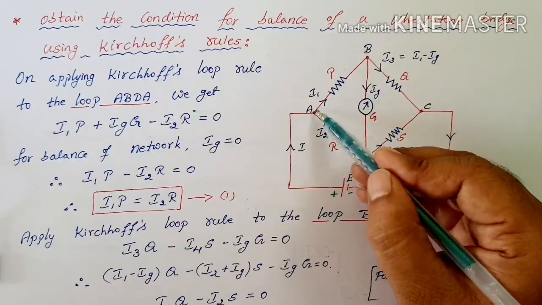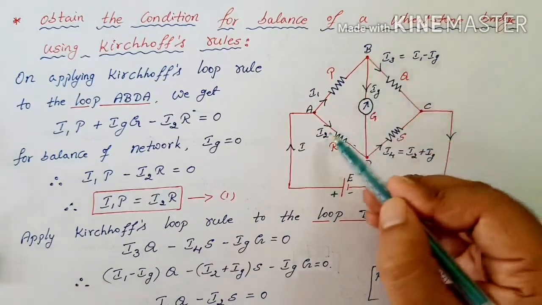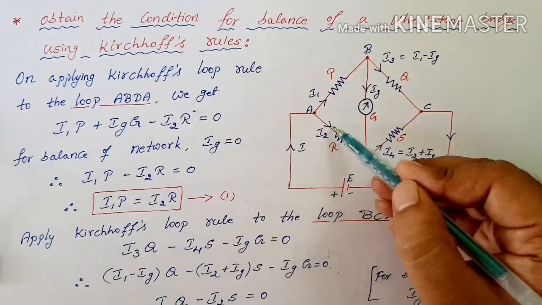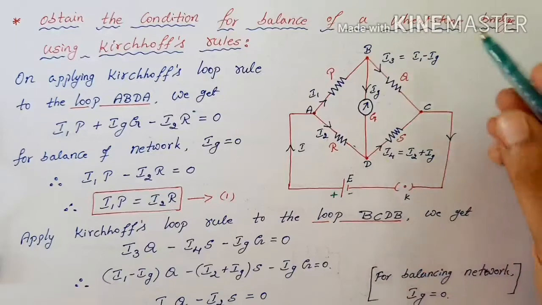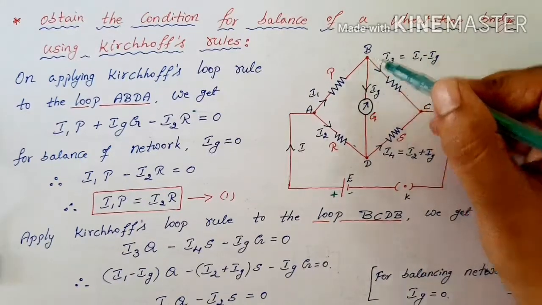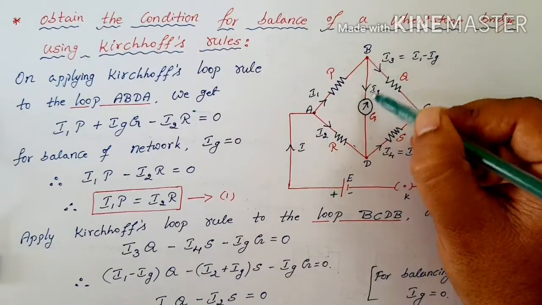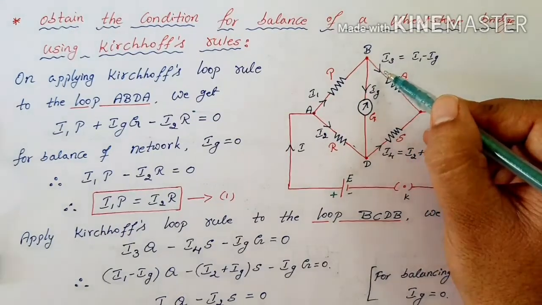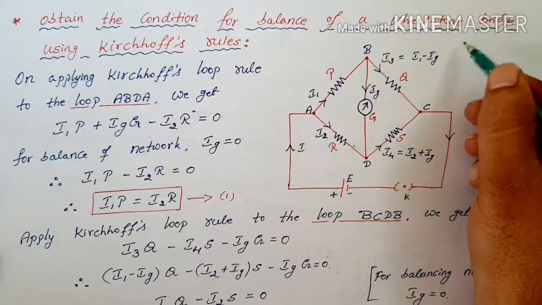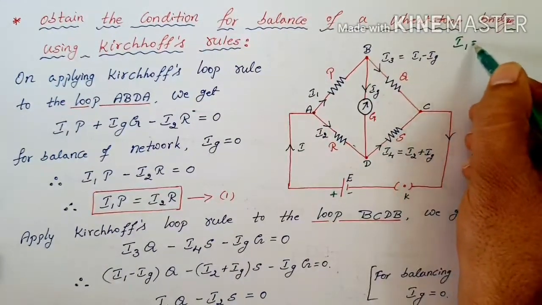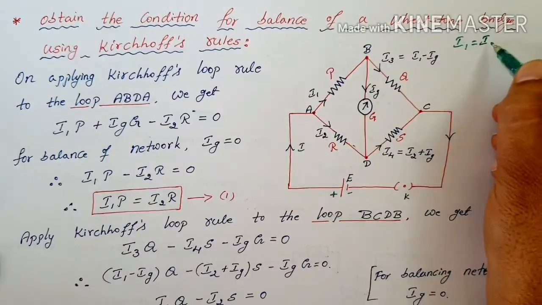I1 flows through the resistance P and reaches point B, and I2 flows through the resistance R and reaches point D. Now observe at point B, this I1 current again branches as IG and I3. Is it clear? So according to the junction rule, I1 is equal to the current entering is equal to the sum of the currents leaving, correct?